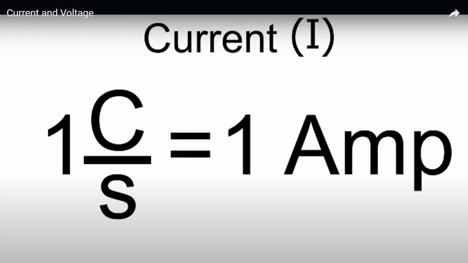Have you guys heard of amps? Amplitude. Oh, yeah. Amplitude. So amp is also a shortened form of coulombs per second. And what is a coulomb? It's a bucket of charges, in this case usually electrons.